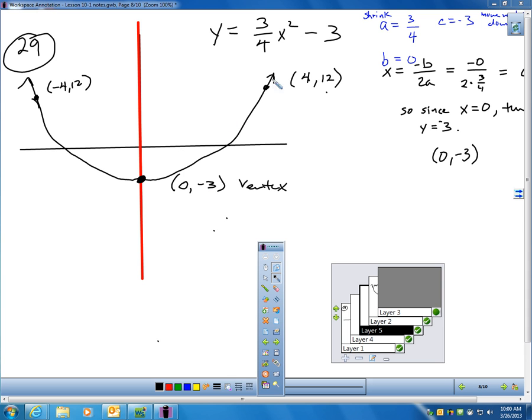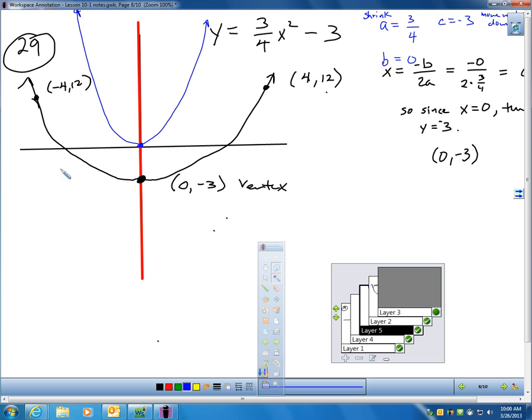And since it's opening wider, I'll make it look like it's opening wider. So the parent function might look something like this, starting at 0, 0, and it just is opening normally, okay? Where this function is opening more wide, it's being shrunk, and it has a vertex at 0, negative 3.